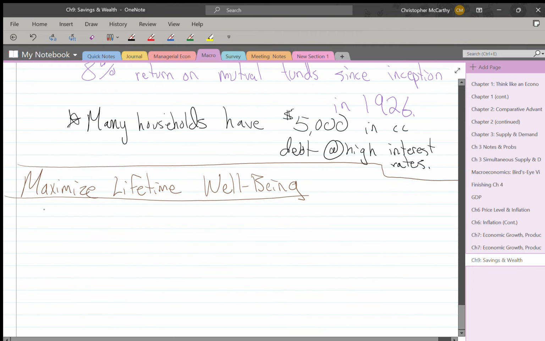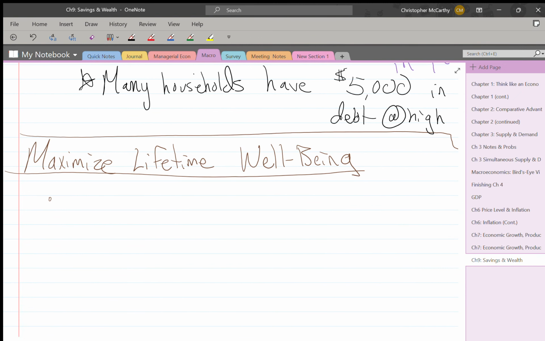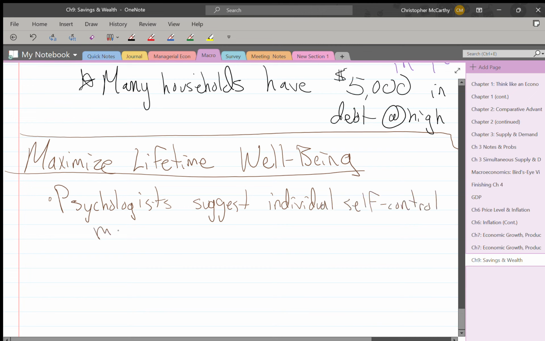So this has been a topic of study of both economists and psychologists for the last 20, 30 years. And psychologists, those who study the brain and behavior, suggest that individual self-control may in fact be too weak to produce rational outcomes.